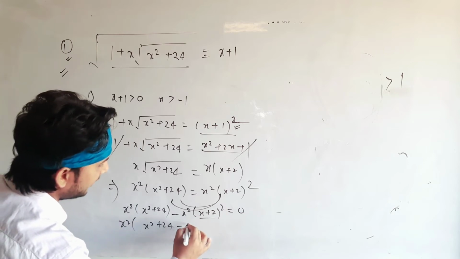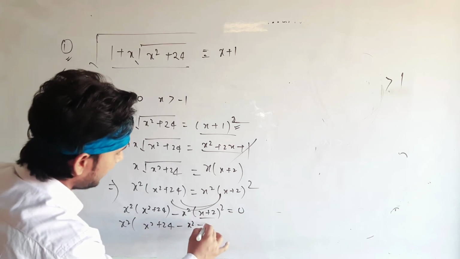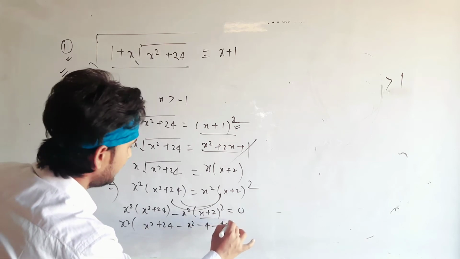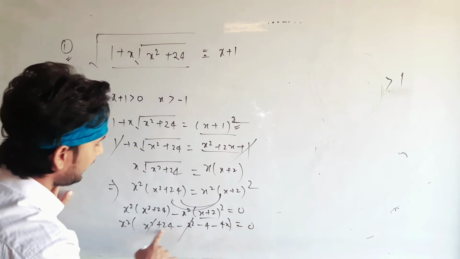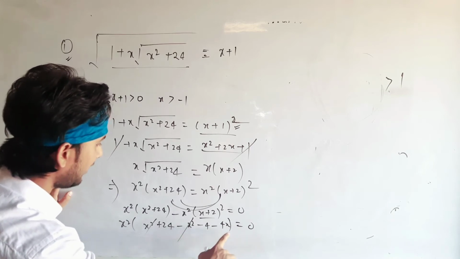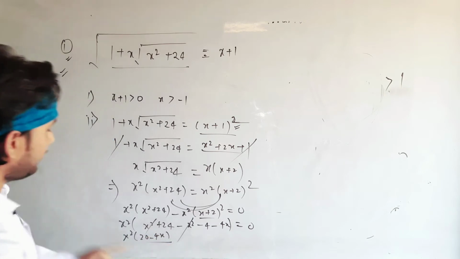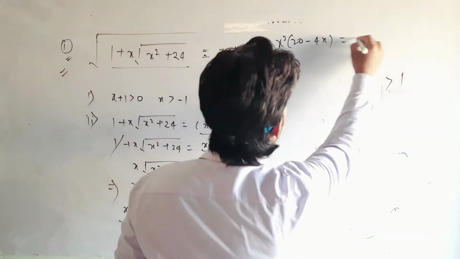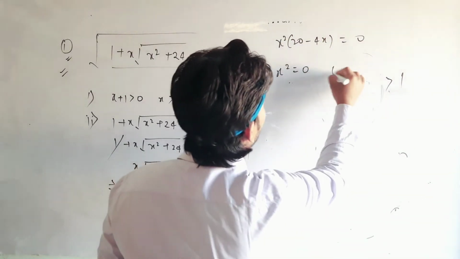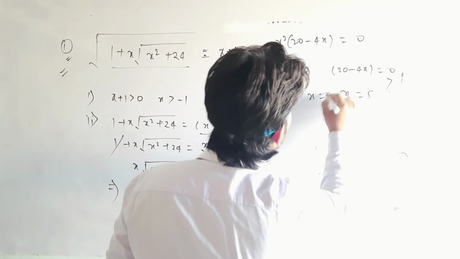Then x square plus 24 minus x square minus 4x minus 4, and x square and x square you can cancel, and 24 minus 4 is 20, so 20 minus 4x. You have got x square into (20 minus 4x). It means that x square equals 0 and 20 minus 4x equals 0. Then x equals 5 and x equals 0, and this is your answer.